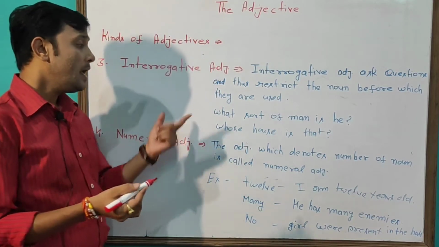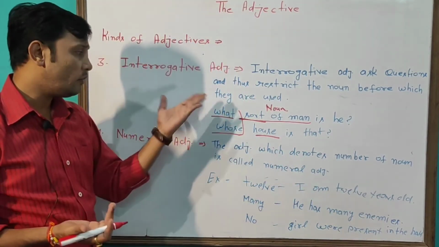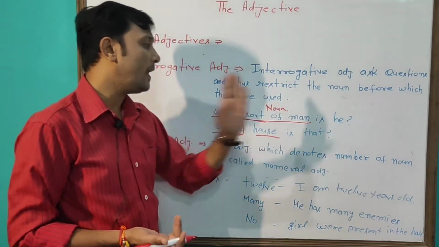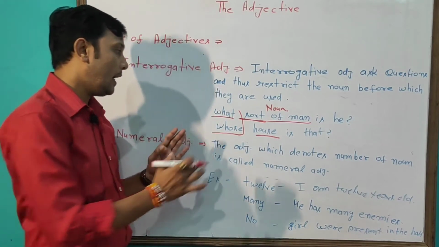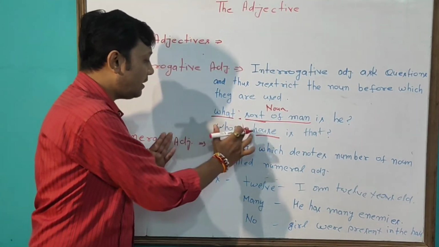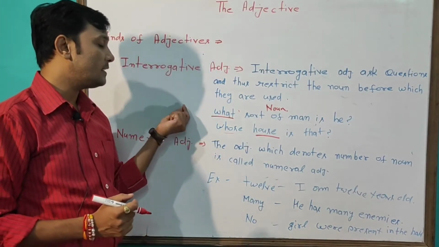The same concept is there. The interrogative adjective is very simple. It is used for asking a question. For example, what sort of man is he? Whose house is that? Clear? And then how to identify whether these interrogative words are used as an interrogative adjective or a pronoun.